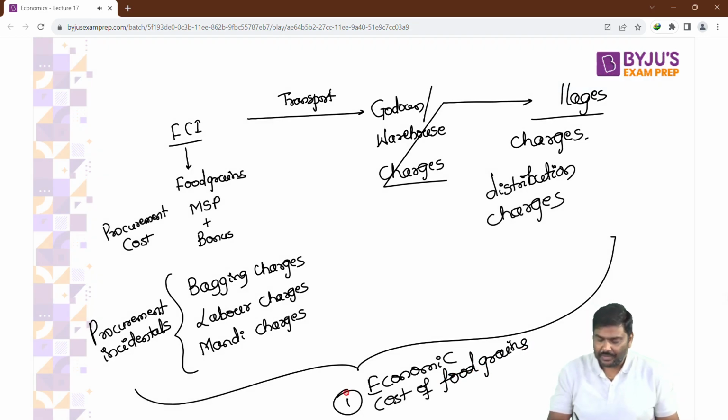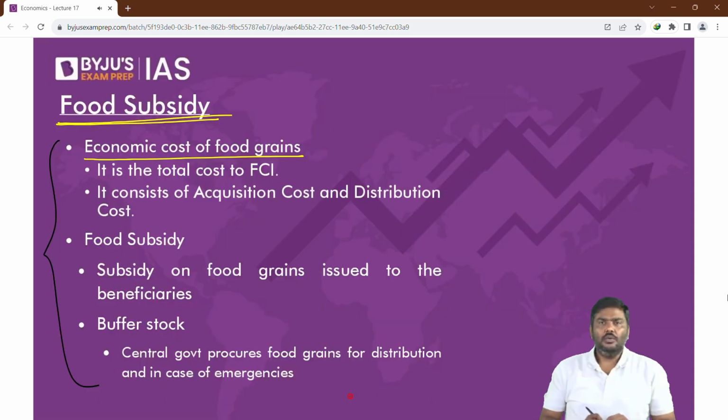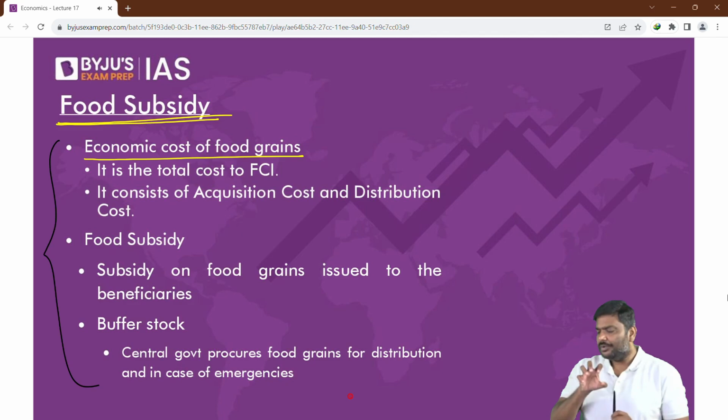Cost of food grains. This is called the economic cost of food grains.